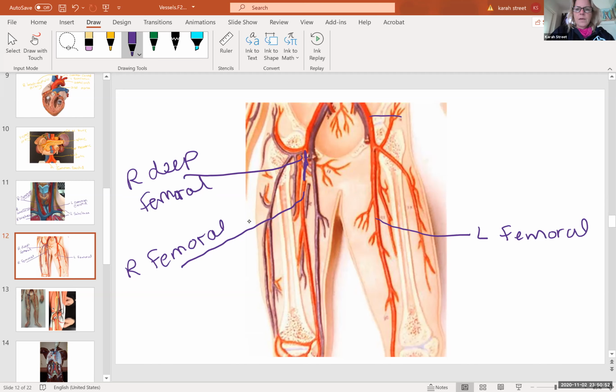Up here, we have the left external iliac. It turns into the femoral once it crosses the inguinal ligament, which would be right about there. And once that vessel is now very superficial on the anterior thigh, it would be the femoral artery. And then we can see the midsacral.